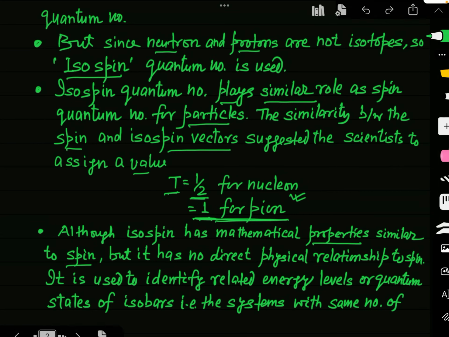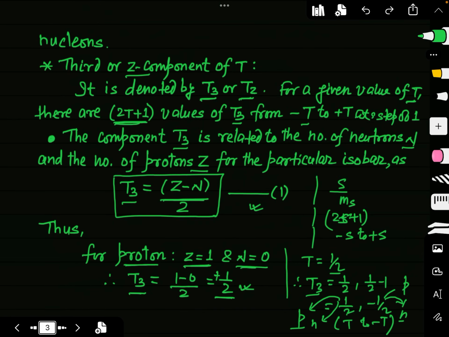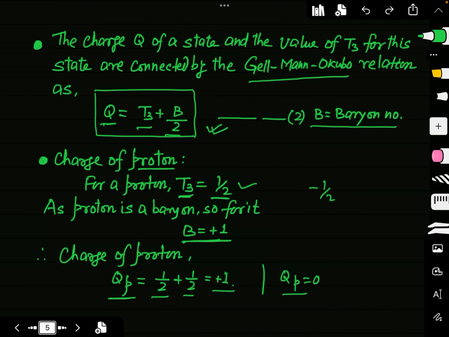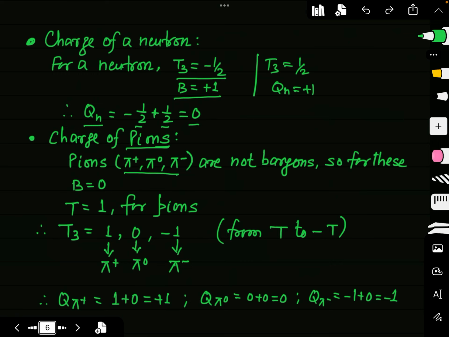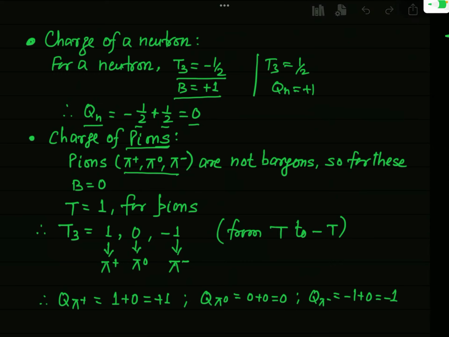Now you have just learnt that for a given value of T there are 2T plus 1 values of T3, and all those values of T3 represent the different charge states or different quantum states of the particle. So since T is equal to 1 for pions, what are the values of T3?